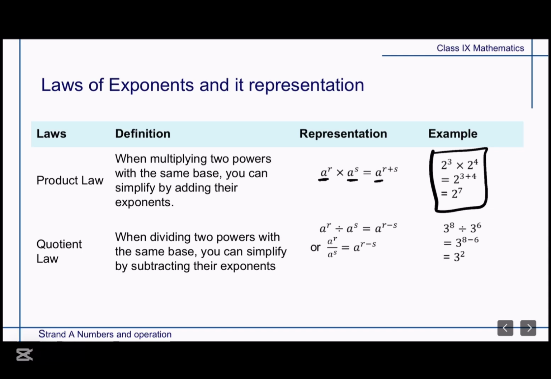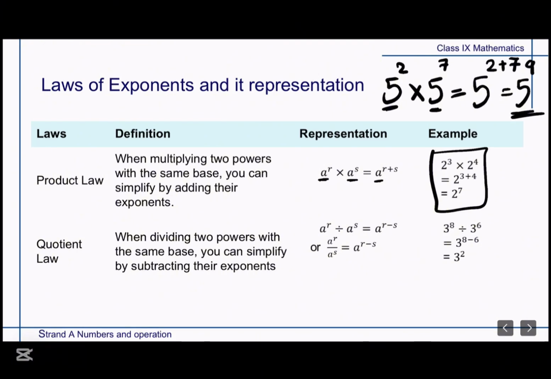Hence, if you have 5 raised to 2 times 5 raised to 7, you know what to do, right? It is the product of same powers here. So 5 and 5 are the same base. Then they are being multiplied, so you apply the product law, which says that you have to add the exponents. So 2 plus 7 is 9, so 5 raised to 9.